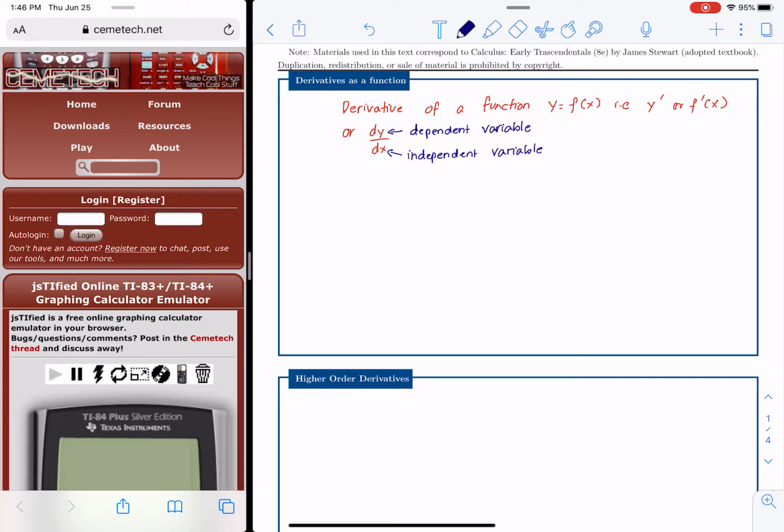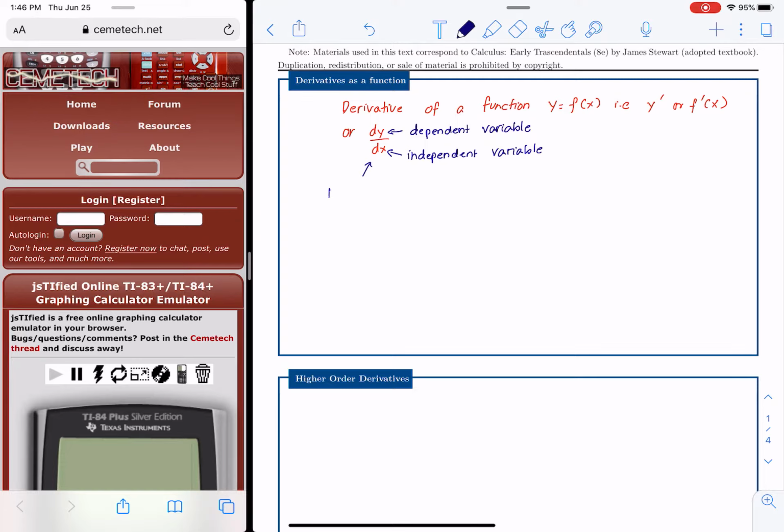Keep in mind, y is the dependent variable. X is the independent variable. And we always take the derivative of the dependent variable with respect to the independent variable.